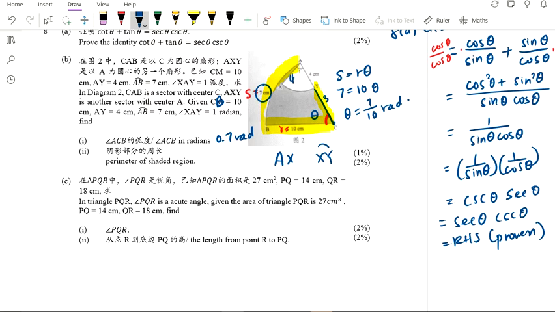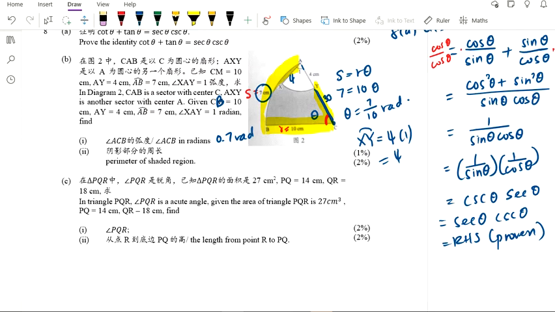XY is another R theta. R is 4 times theta is 1, so it's 4. So the perimeter of the shaded region, we start from here. This 7 minus 4, sorry, this one should be 10 minus 4, so it's 6.